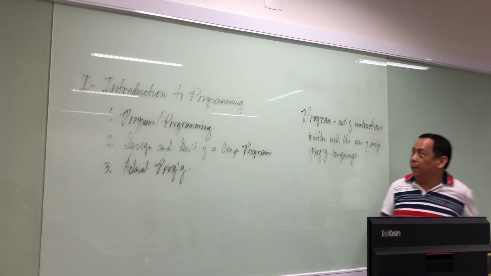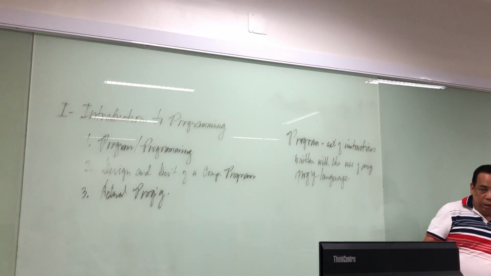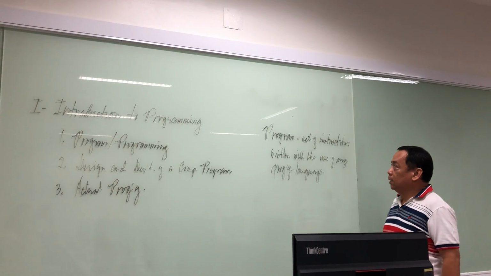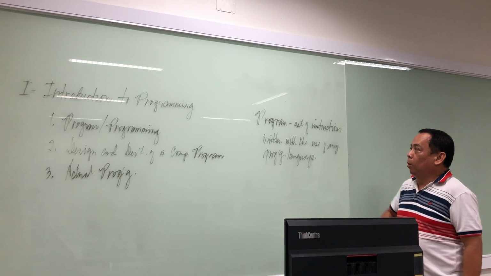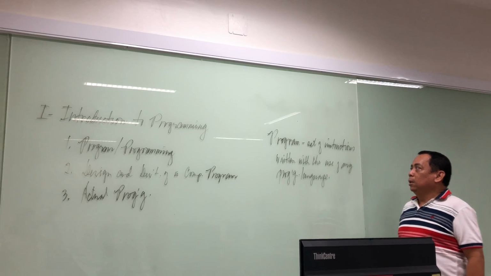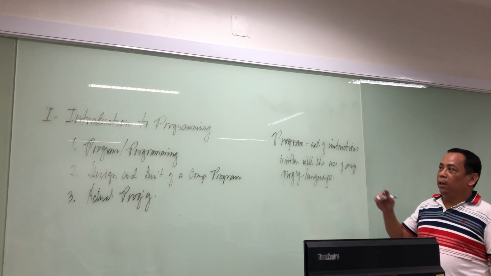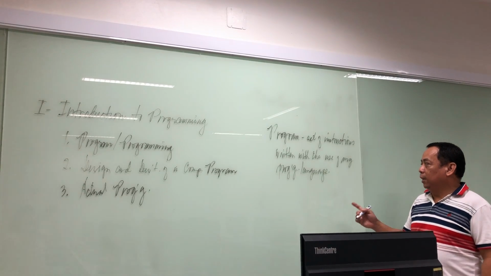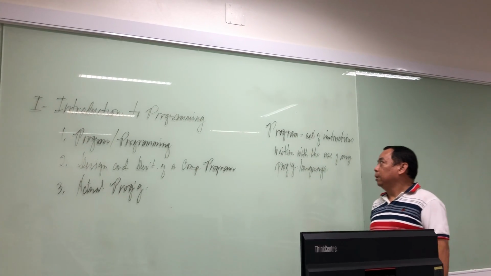Okay? So it's like a recipe book that you need to follow in order to perform a specific task. In layman's terms of computer, it's a step-by-step instruction that is to be executed by the computer, provided it is written in a programming language.